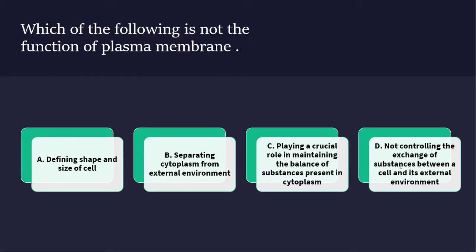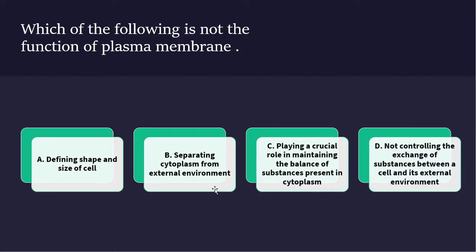Which of the following is not the function of plasma membrane? Here options A, B, C, D are given. You have to find the answer. Defining shape and size of the cell, separating cytoplasm from external environment, playing a crucial role in maintaining the balance of substances present in cytoplasm, not controlling the exchange of substances between cell and its external environment. Giving shape and size is okay.